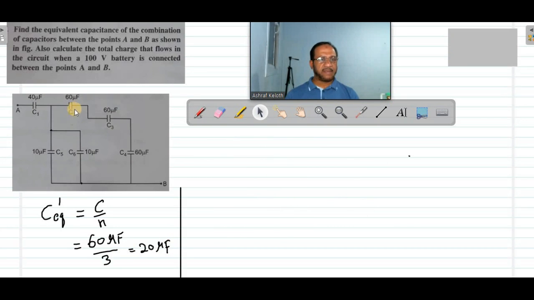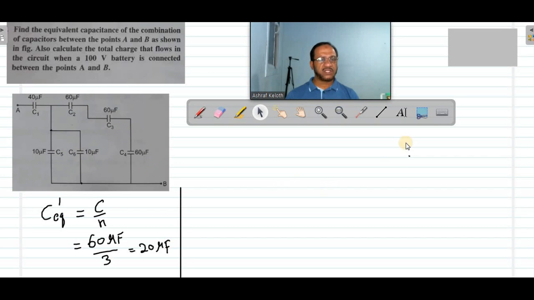So these three capacitors C2, C3, C4, we can replace by a single capacitor with the value 20 microfarad, connected between this point and this point, or we can say it is parallel to C5 and C6. So the equivalent capacitance of these three is in parallel combination with C5 and C6.